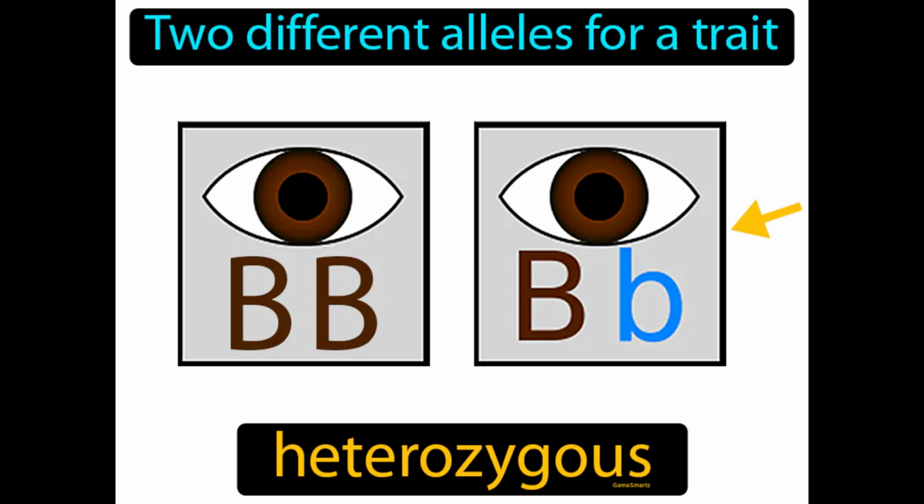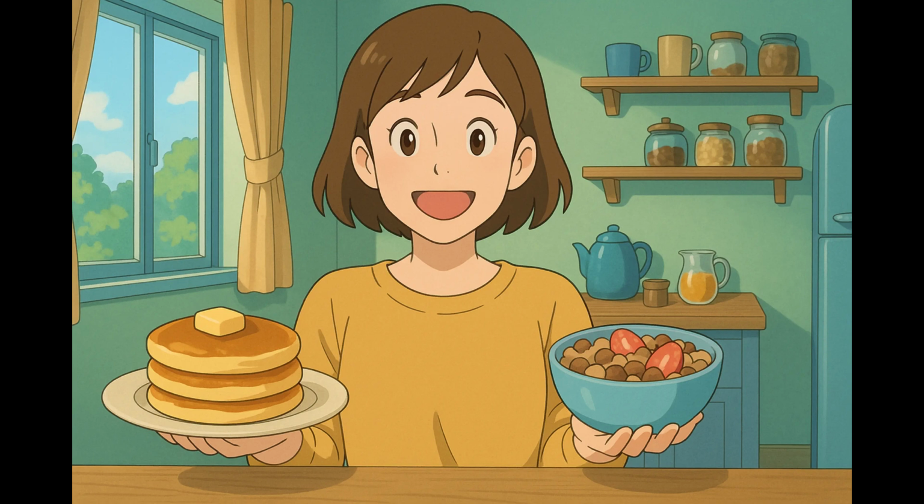Two different alleles for a trait. Heterozygous. Heterozygous means having two different versions of a gene for a particular trait. Imagine you're trying to decide what to have for breakfast, but you can't choose between pancakes and cereal. This dilemma is similar to the concept of being heterozygous, where an organism has two different alleles for a trait, just like you have two different breakfast choices.